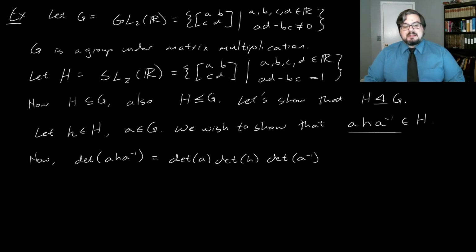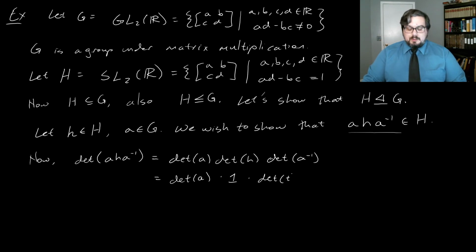So we have that the determinant of A inverse is the determinant of A times the determinant of H times the determinant of A inverse. Well, we know that the determinant of H is 1, and that's because little h comes from big H. And furthermore, we have that the determinant of the inverse of a matrix is the inverse of the determinant of the original.